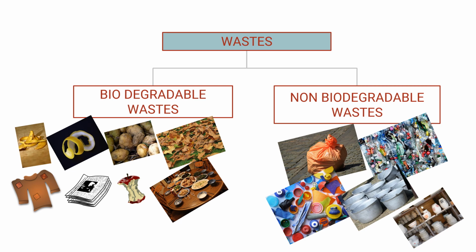Now, what are wastes? Wastes can be of 2 types, biodegradable wastes and non-biodegradable wastes. So all the waste that we generate can be divided into 2 types. Fruit and vegetable peels, old clothes, fallen leaves, old newspapers and leftover food decay, degrade and become part of the soil.